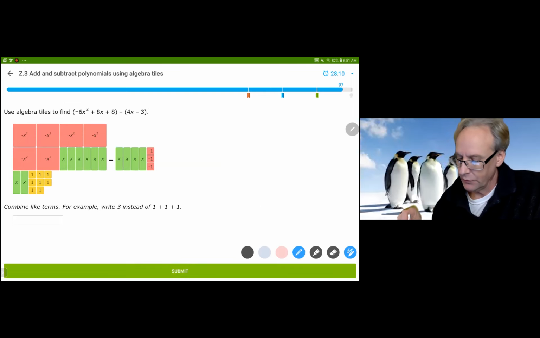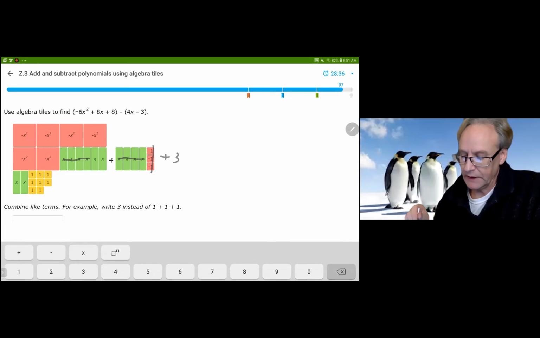All right, we are going to subtract 4 of these x's. There. And I'm going to have 4 left. And then I'm going to add the 3 positives, because that subtraction means that I'm really adding 3, aren't I? So that means that I've got 3, 6, 9, 10, 11 ones. So let's put it in.